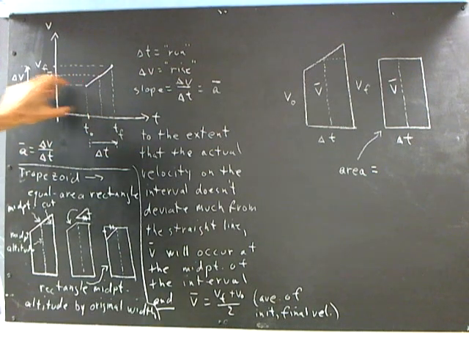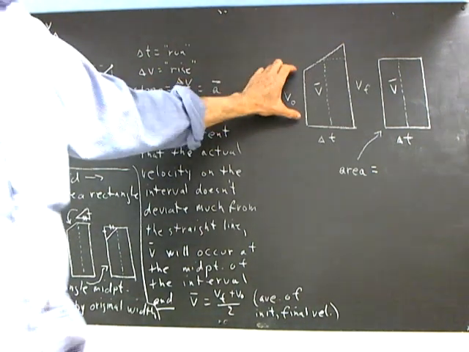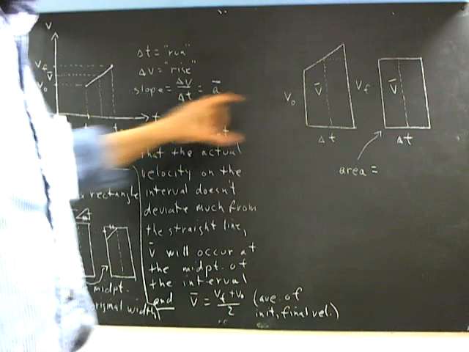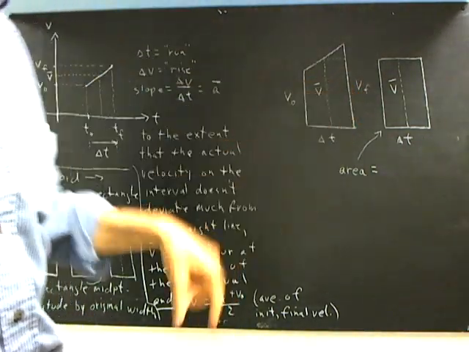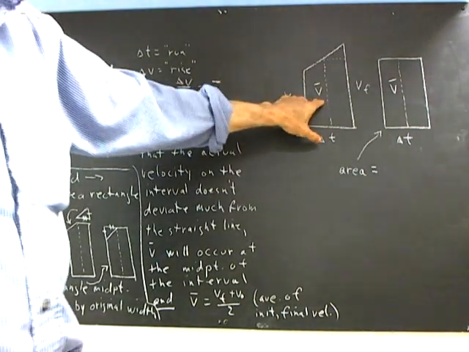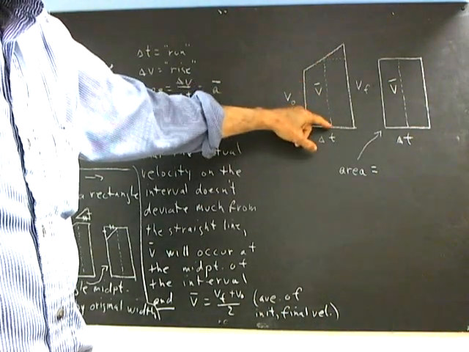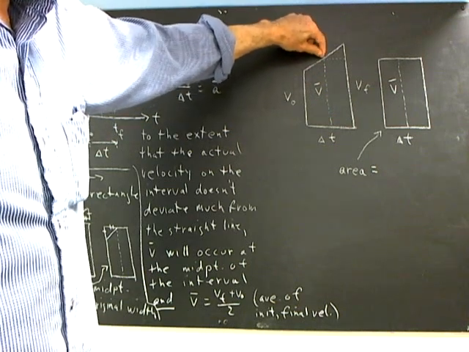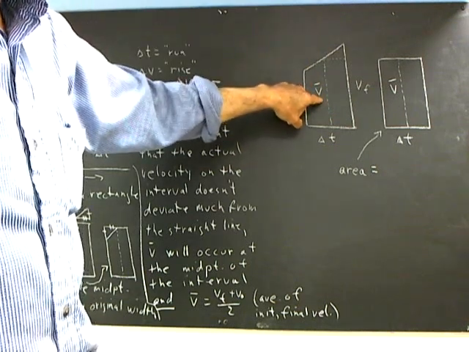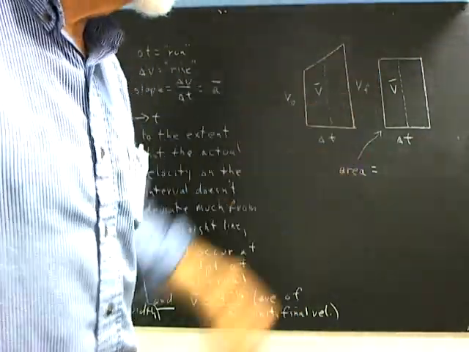V naught is this distance, which is this side. VF is this distance, which is this side. And V bar is the altitude from the base up to the segment at its midpoint, and that's the average velocity.